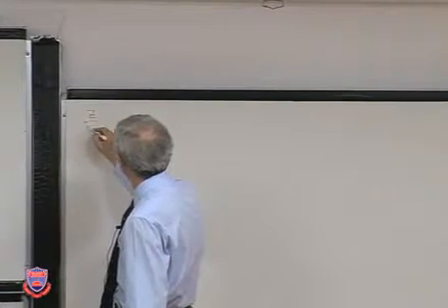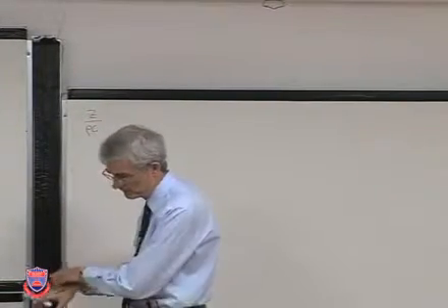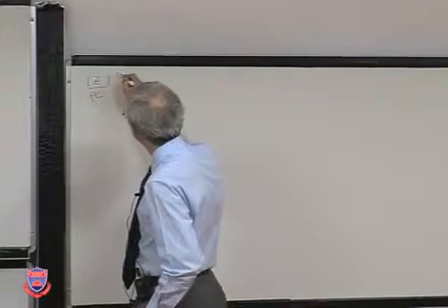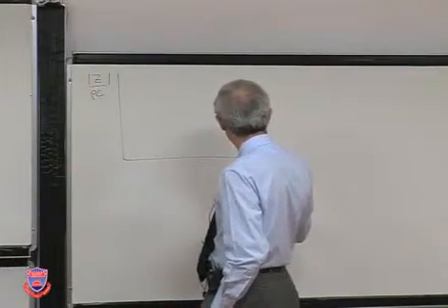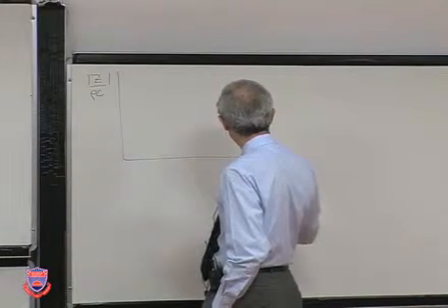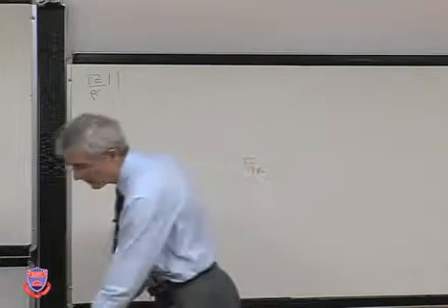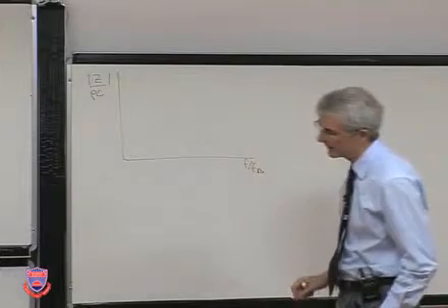Z over rho c is a function of f over f b, or speed of sound for that matter.